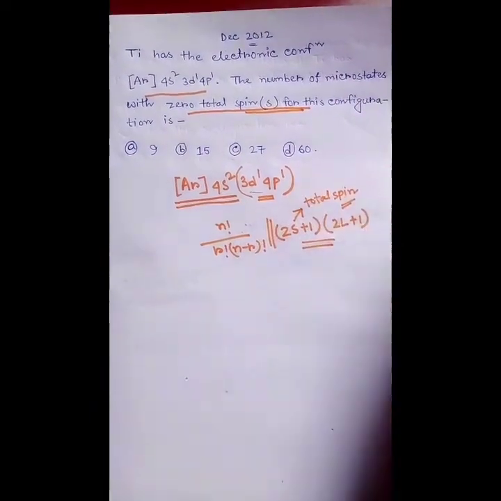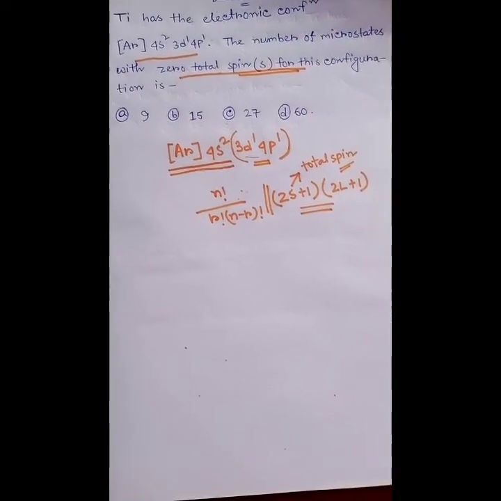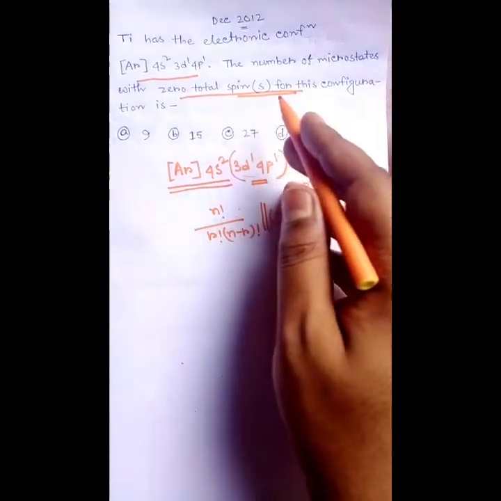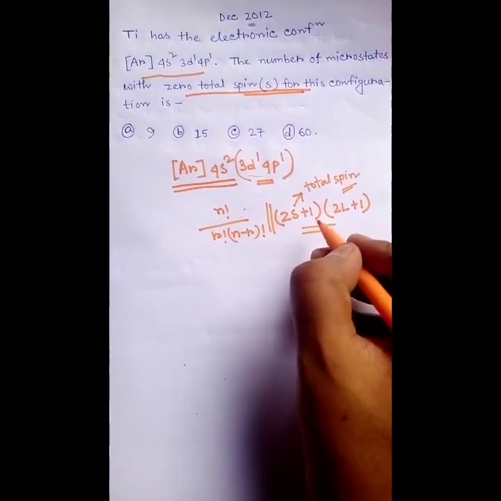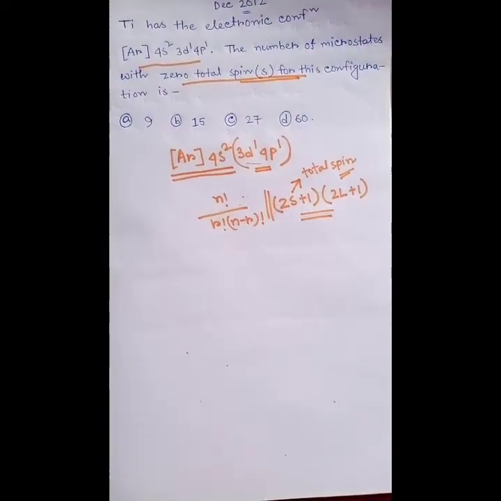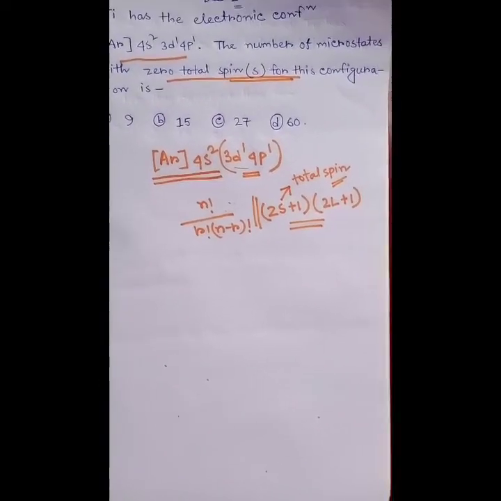So the electronic configuration is given, but as total spin is also mentioned, you cannot use the first equation. You have to use these equations to calculate the total number of microstates.